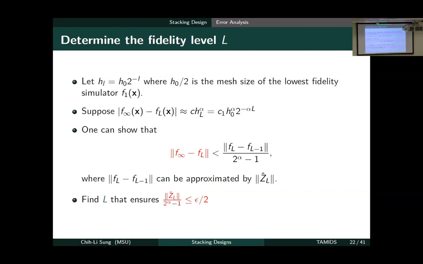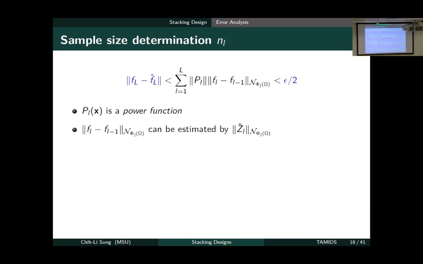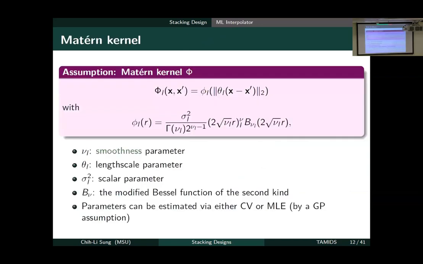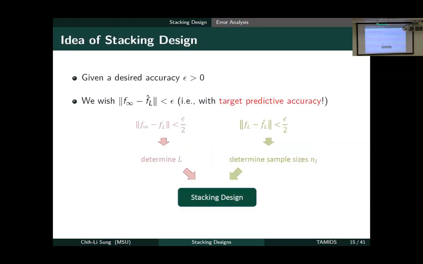For those methods to work, we have to have some initial data, an initial design, to estimate those and estimate the parameters in the kernel function. We don't know those beforehand, before we have data. So you're right. We have some initial data to estimate those values.